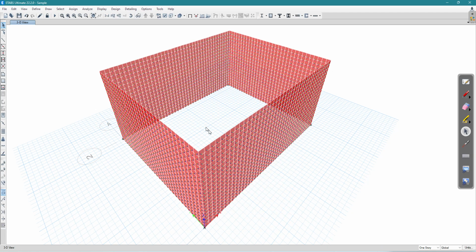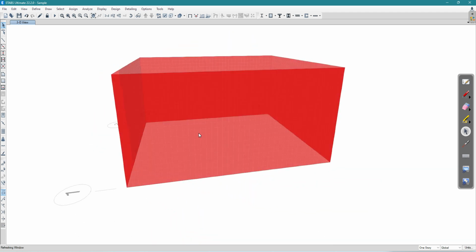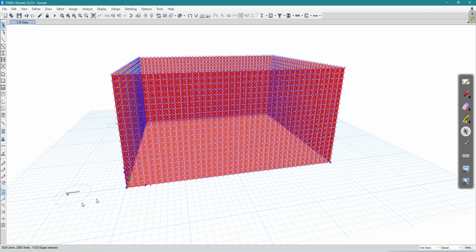Your base slab will not be visible in this current view. It will be there, but it is not visible. So while assigning the wall loads, you can easily select these walls.